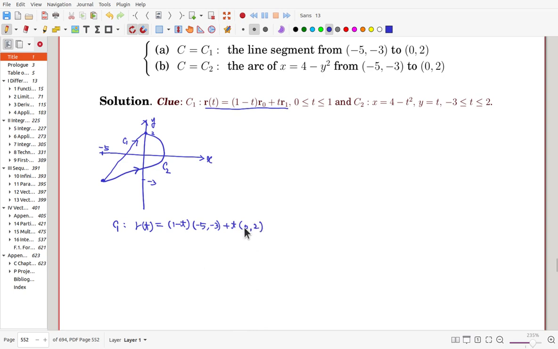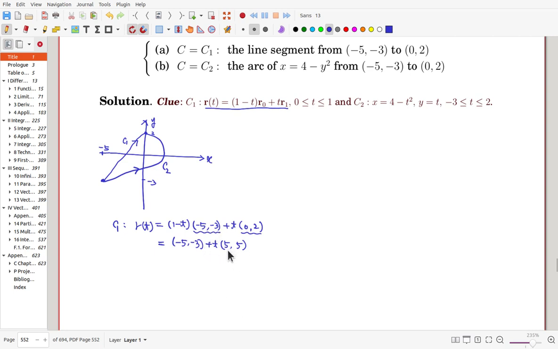Now we may write it this way. This is 1, so that's (minus 5, minus 3), and minus t times the same point, so we subtract, and we get t times (5, 5). This end point minus that point is exactly this.